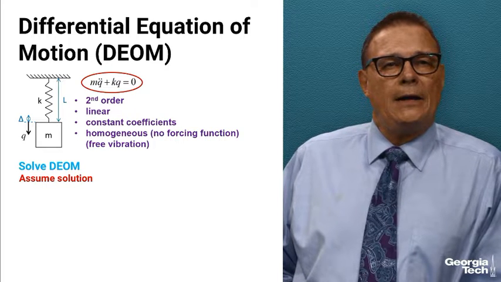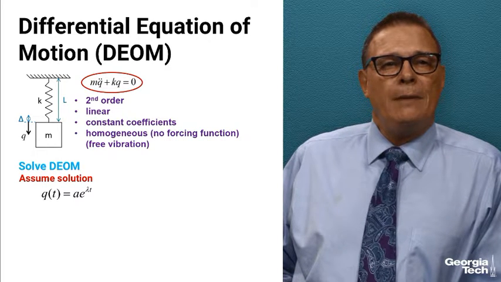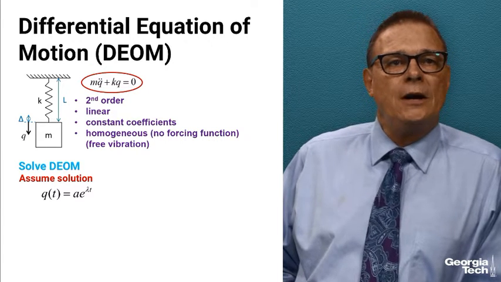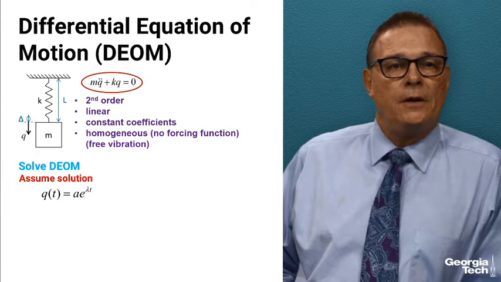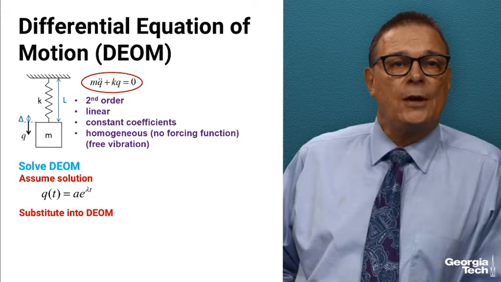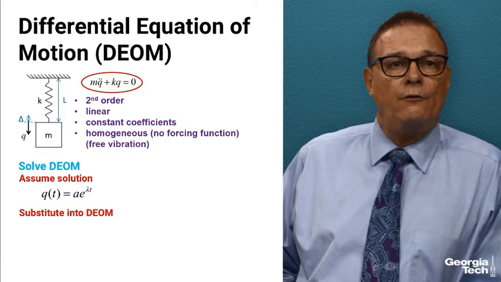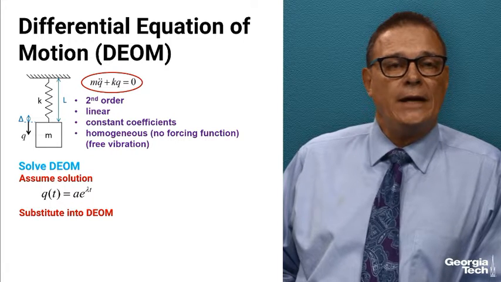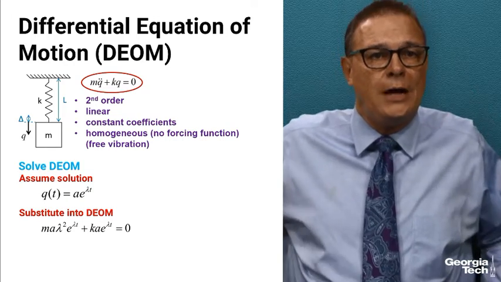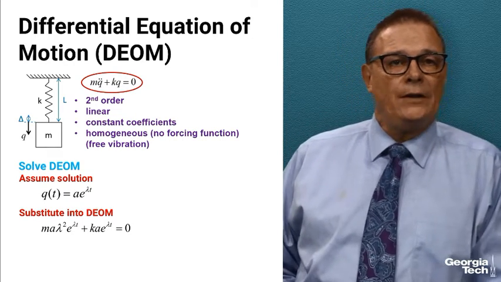And after you've thought about it, if we made q an exponential function, we would always come back with an exponential function when we take the derivatives, first derivative, second derivative. And so we can substitute that in the DOM and force equality to the right-hand side being equal to 0. So here I have my first term, q double dot will bring down the lambda twice.